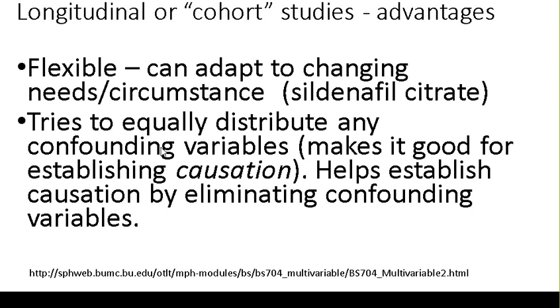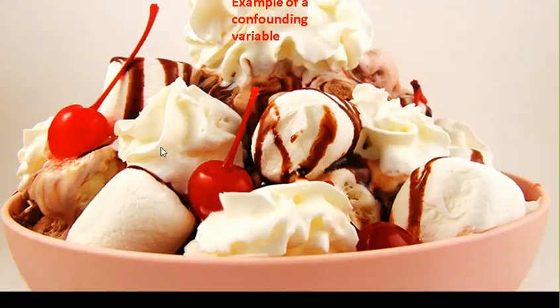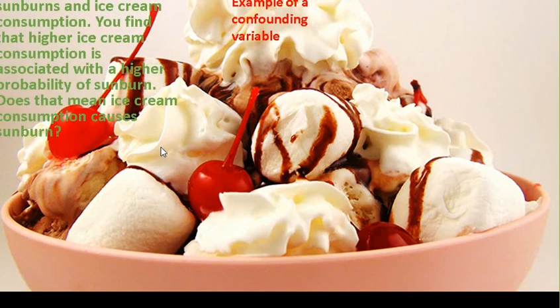And let's try and understand what a confounding variable is. So let me give you an example. Looks delicious. It's a bowl of ice cream, right? You collect data on sunburns and ice cream consumption. You find that higher ice cream consumption is associated with a higher probability of sunburn. Does that mean ice cream consumption causes sunburns?